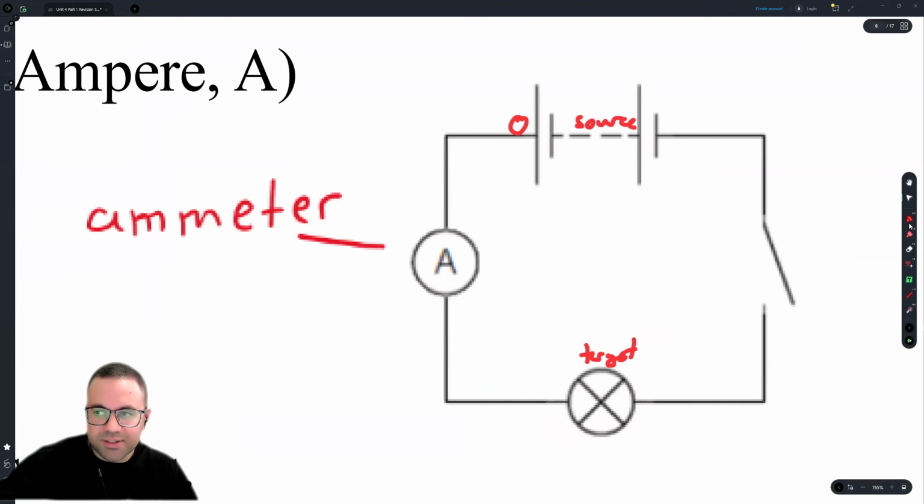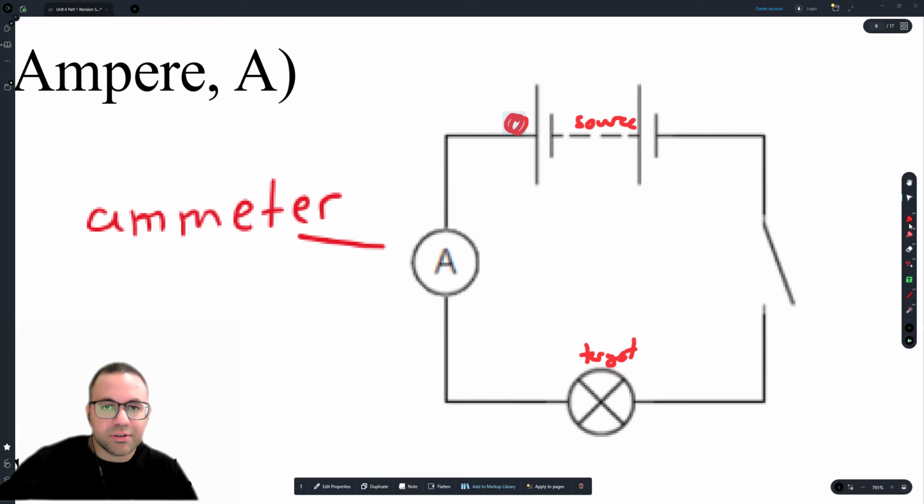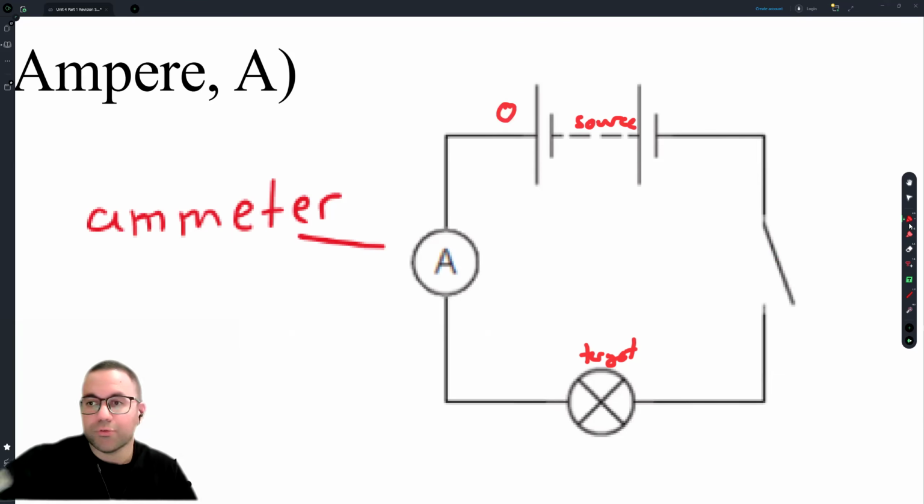In this case, it's the light bulb. So electric charges travel through the circuit to give that thing energy and it leaves. But in order to do so, there needs to be a force acting on it. For the time being, and I'm going to change my mind very quickly now, I'm going to assume that positive charges are moving inside a circuit.